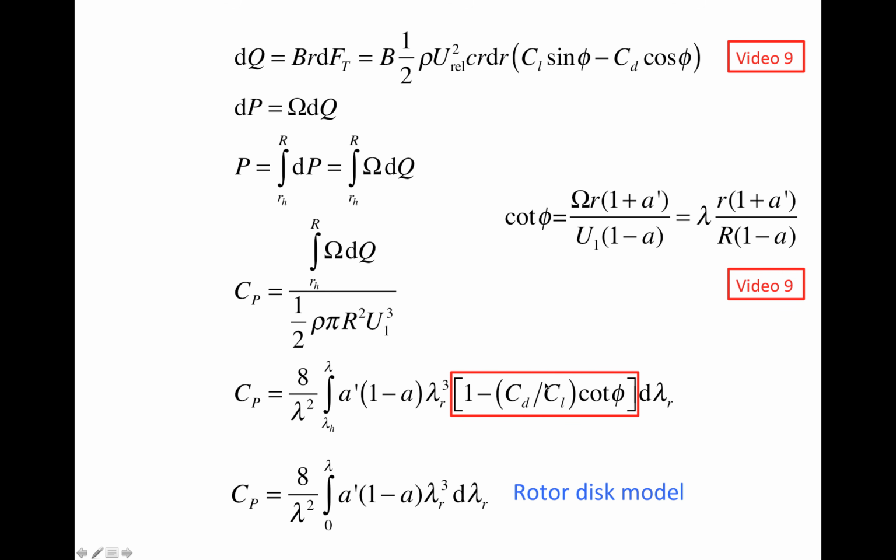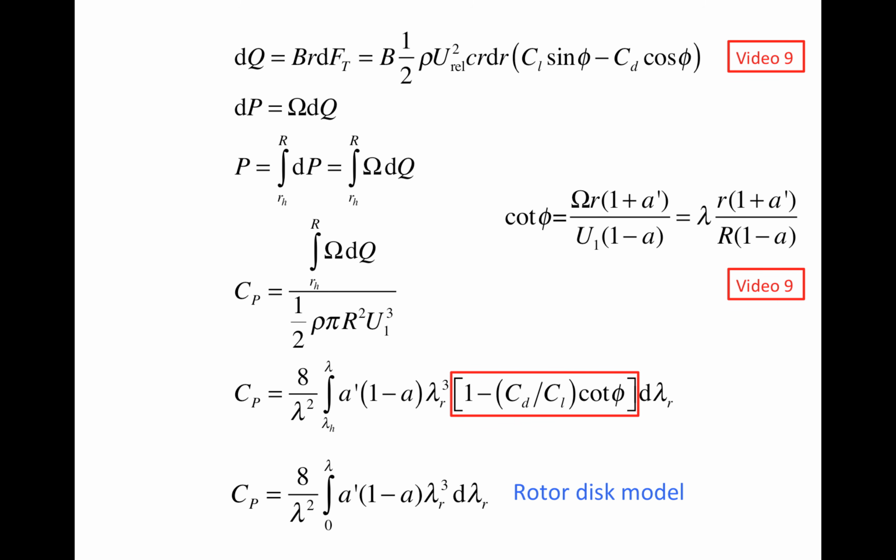If this something becomes 0, then the stuff in the red box becomes 1. So if we consider CD equal to 0, so the drag coefficient becomes 0, then this term becomes 0, and the entire thing in the red box becomes unity.